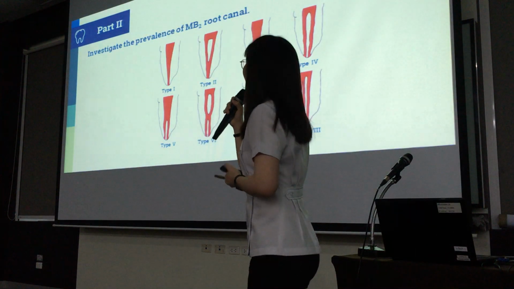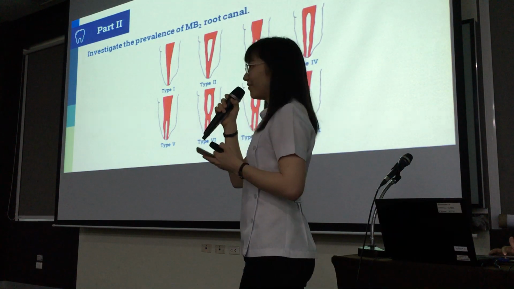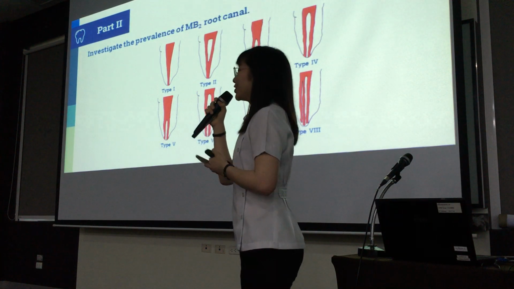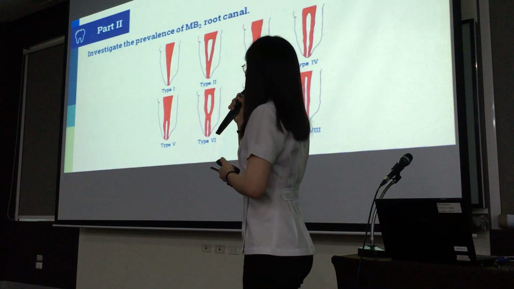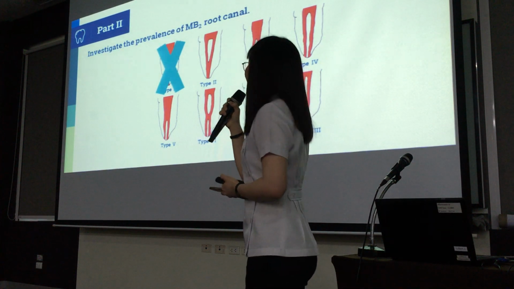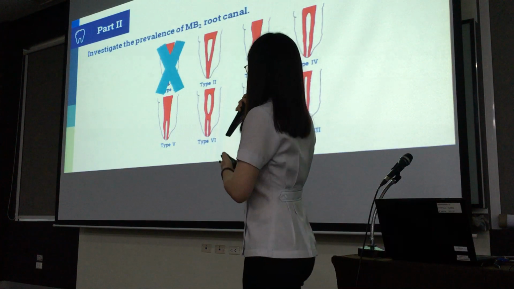For part 2, the 3D image was used to investigate the prevalence of the MB2 root canal by using Vertucci classification, and we used all data except type 1 divided by all specimens.